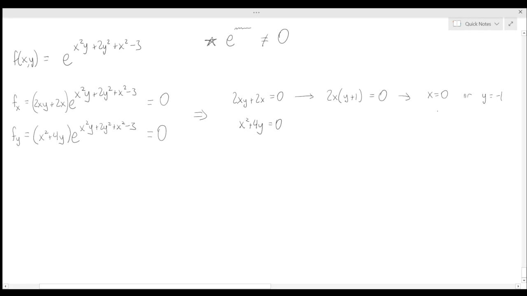All right, so I'll get into different cases at this point. So first, let's consider if x is equal to 0. Okay. All right, so if x is equal to 0, then the first equation will be 0. But now I want to take a look at this over here next.